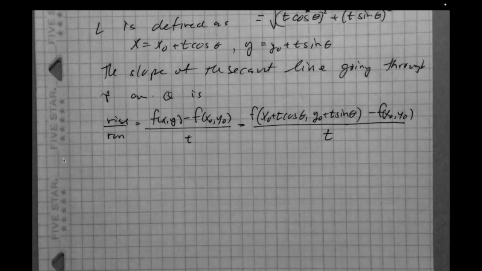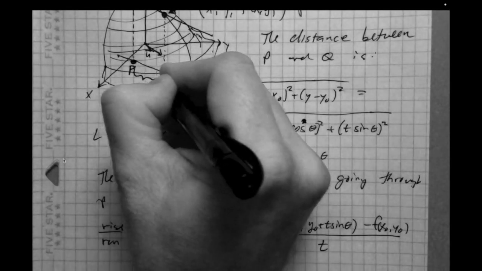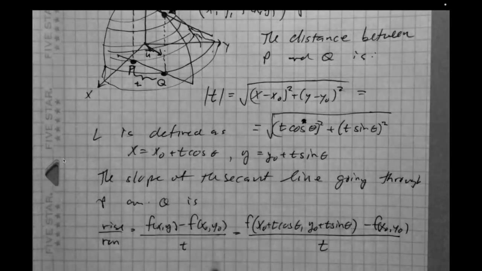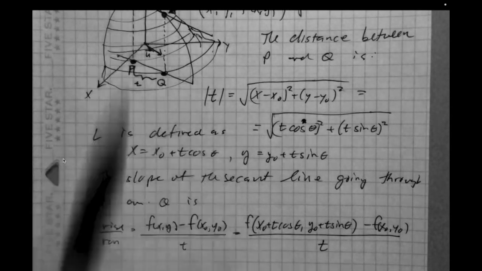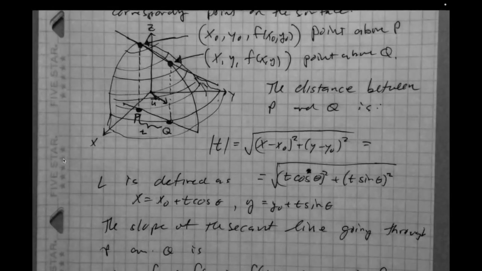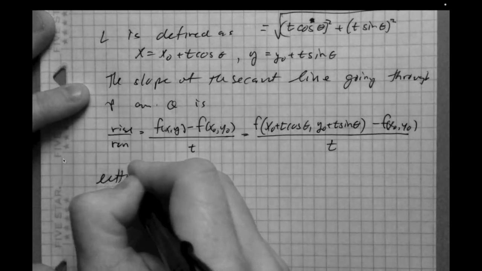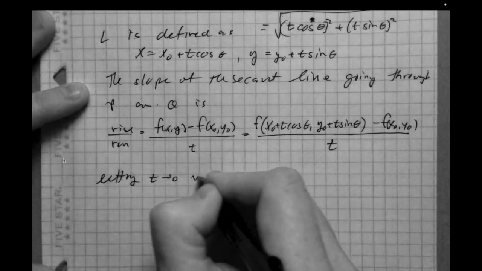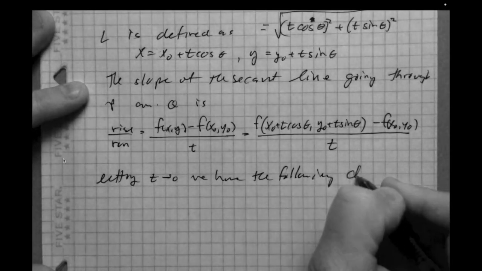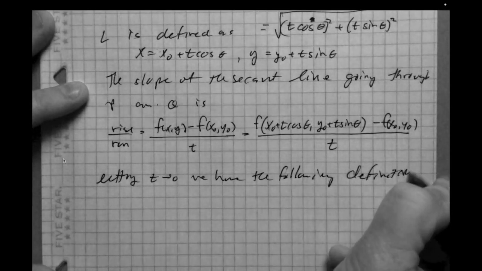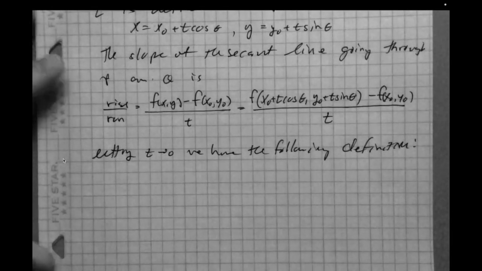We can let the distance between P and Q, which is t, go to 0, and what we'll find is that in the limit we'll have the slope at our point P. So letting t go to 0, we have the following definition. This will be the definition of the directional derivative.